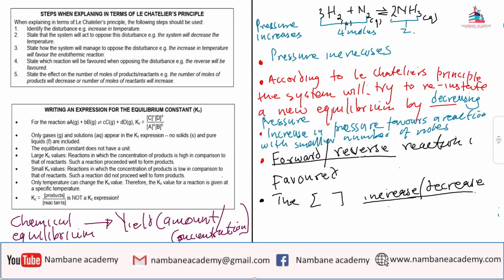Which one has the smaller number of moles is the forward reaction. Then one can tick here and say forward reaction is favored. If the forward reaction is favored, what will happen to NH3? NH3 will now increase. So it just becomes a pattern that one must use.